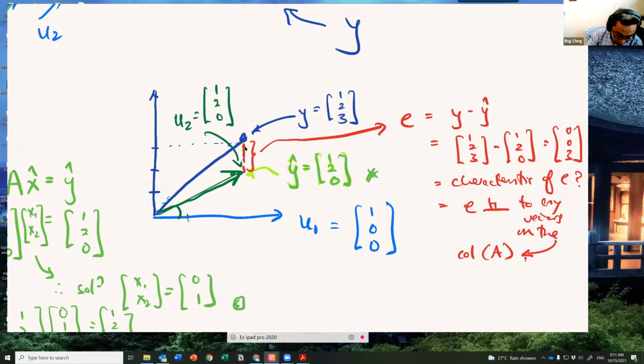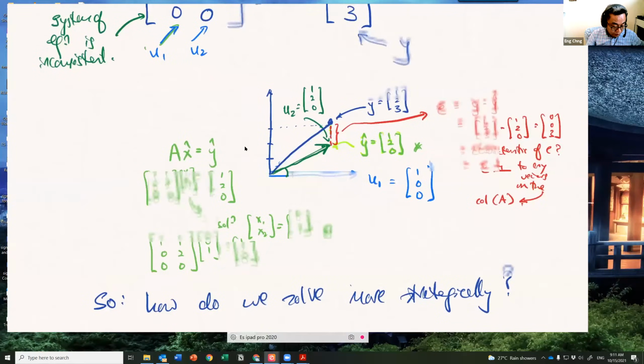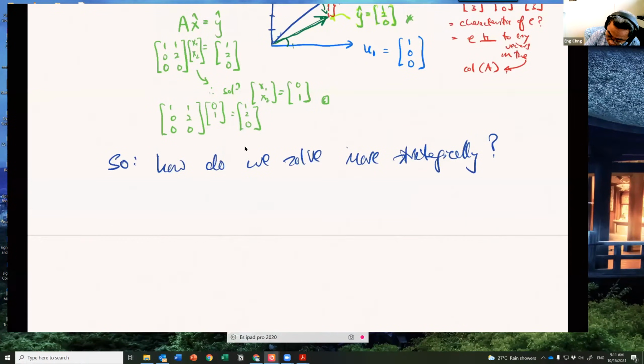Right, so let's see. So I will now derive the normal equation for you. I'm on page 6 now. E is orthogonal to the column space of A. And how should I derive this for you? What is E?